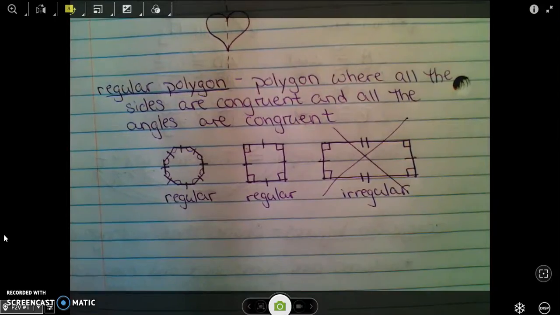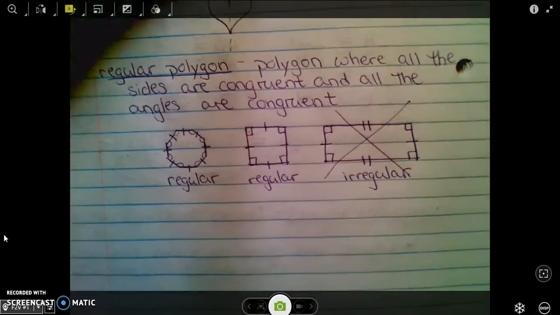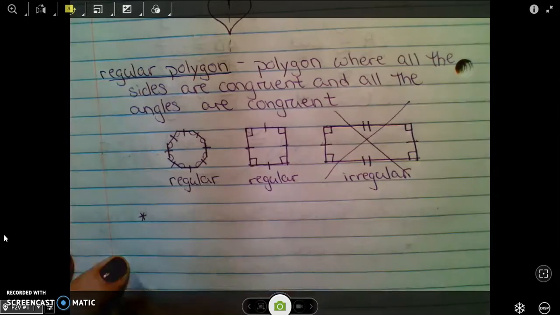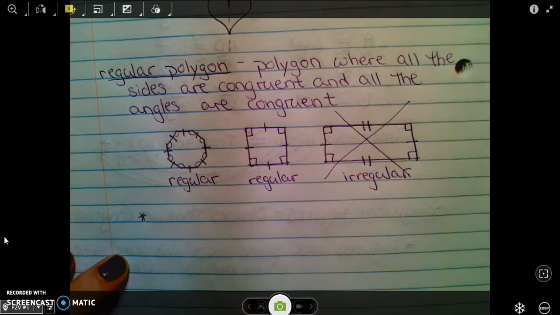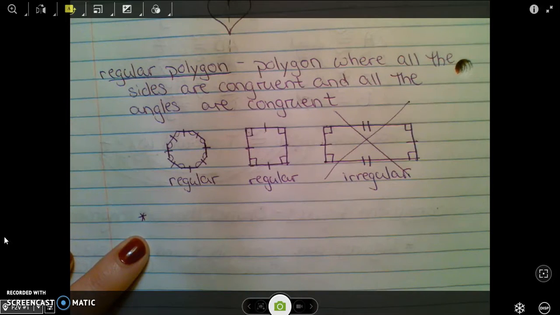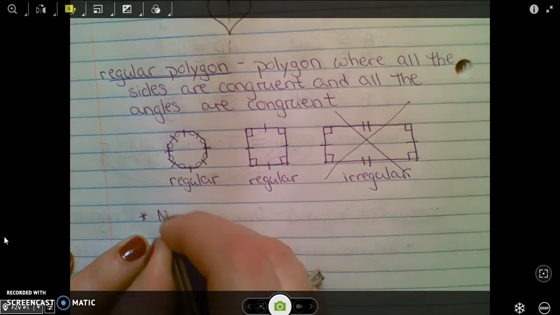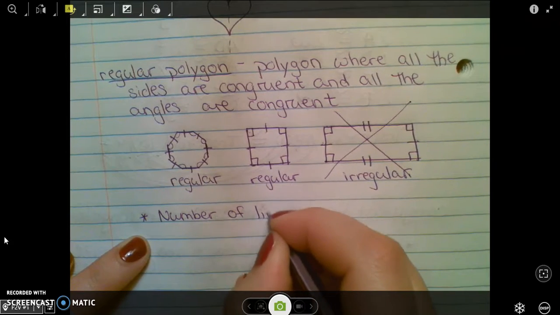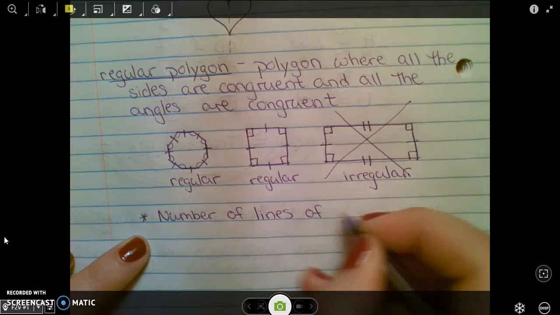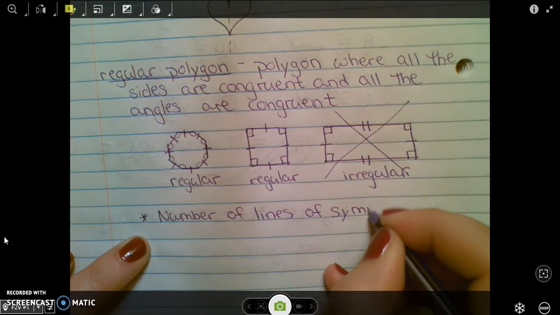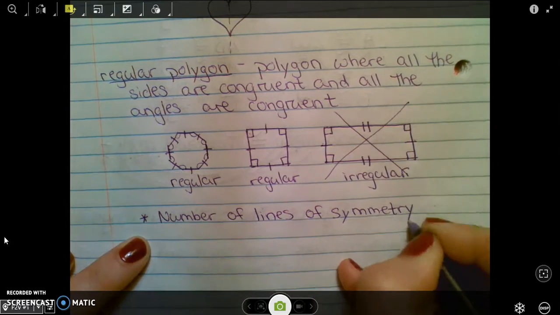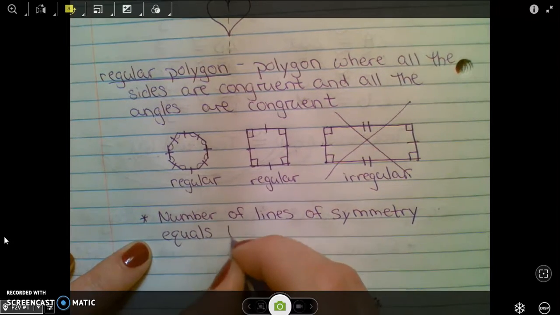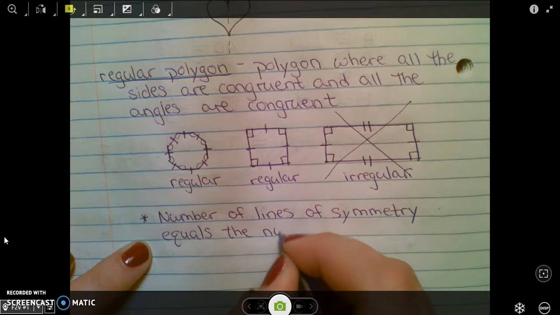One of the really cool things about regular polygons deals with the lines of symmetry. In any regular polygon, the number of lines of symmetry is going to equal the number of sides.